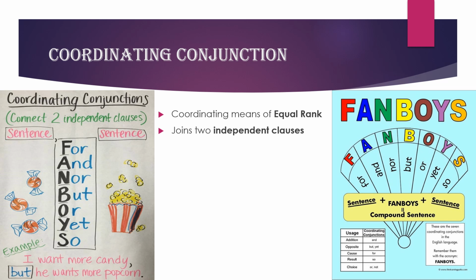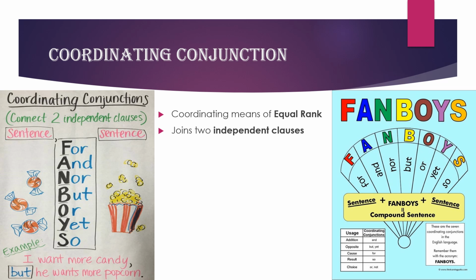To make it easier to remember which 7 coordinating conjunctions exist, there's an acronym given to it, which is FANBOYS: for, and, nor, but, or, yet, so. So these are FANBOYS. These 7 conjunction words are known as coordinating conjunctions, which will always be used to join sentences that are independent clauses.